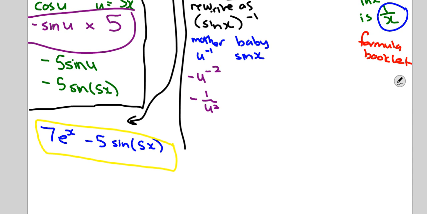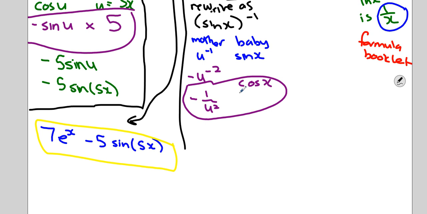What's the derivative of the baby? Cos x. To be honest, you could multiply either one by cos x. They might want that version because it just looks a bit more mathy. If they don't say write it in this form, you're fine.